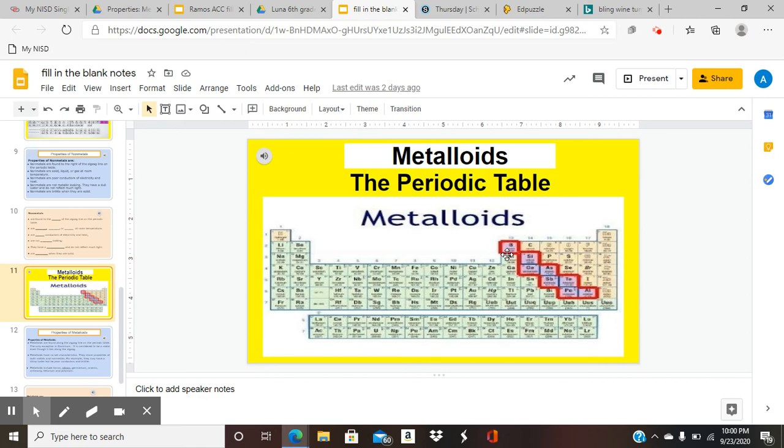For example, they could have a shiny luster, but they could be a poor conductor and they could be brittle. So they have some properties of a metal and a nonmetal. They don't know what they want to be.